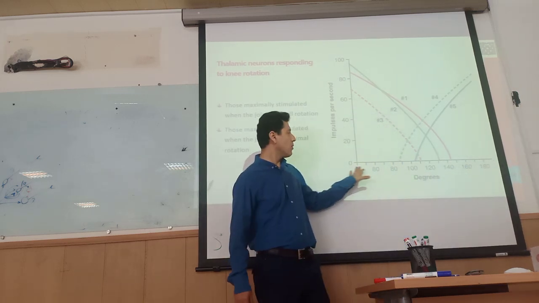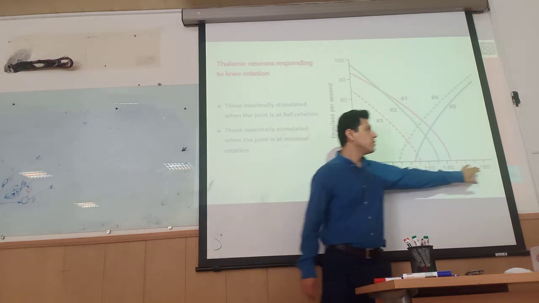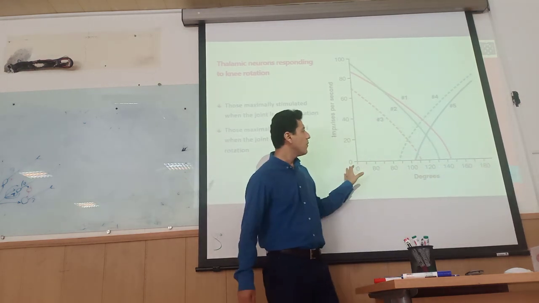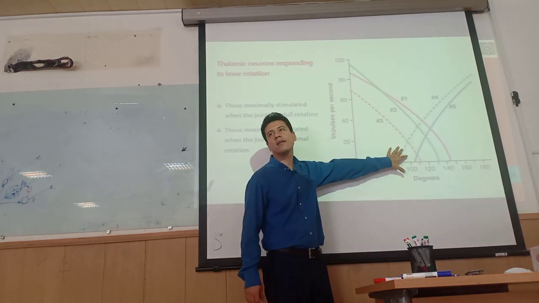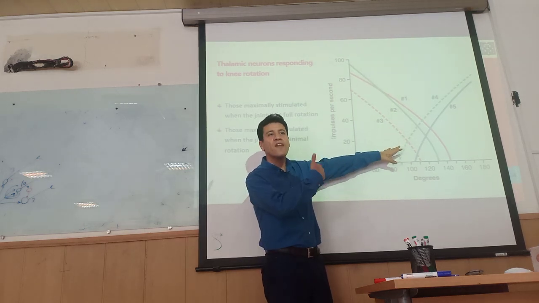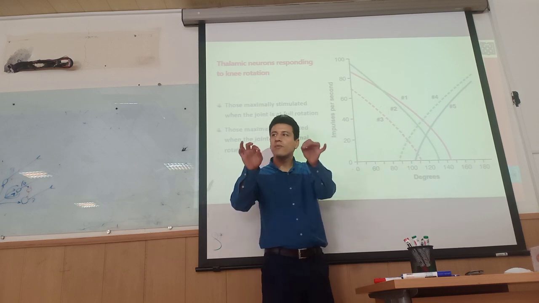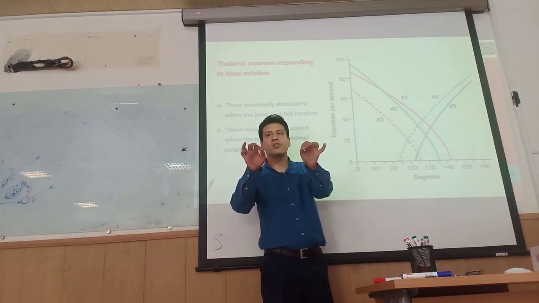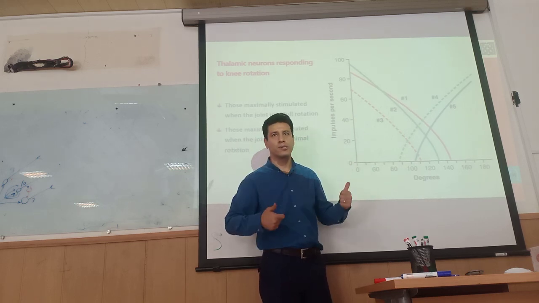Right? So, total bending, total stretch. Right? What happens? You have 5 example neurons in the thalamus, and action potentials are being recorded from these neurons.